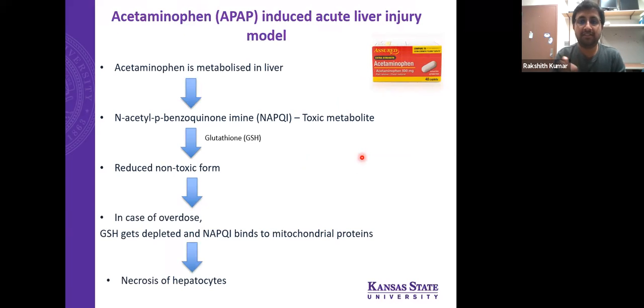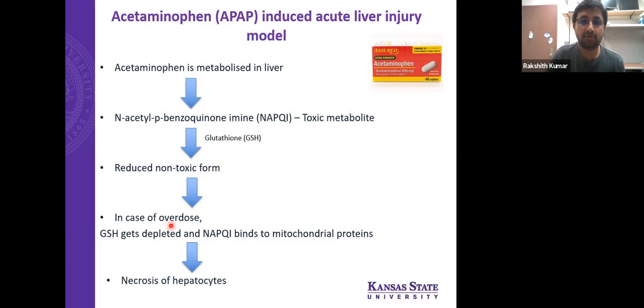After the chronic liver injury model, they have used an acute liver injury model, and they have used overdosing of acetaminophen, abbreviated as APAP, to develop the acute liver injury model. The mechanism of causing the liver injury is that acetaminophen is metabolized in the liver, and after being metabolized, it gives a toxic metabolite, N-acetyl-p-benzoquinone imine, that is NAPQI, and this NAPQI gets reduced by the antioxidant glutathione into a reduced non-toxic form.